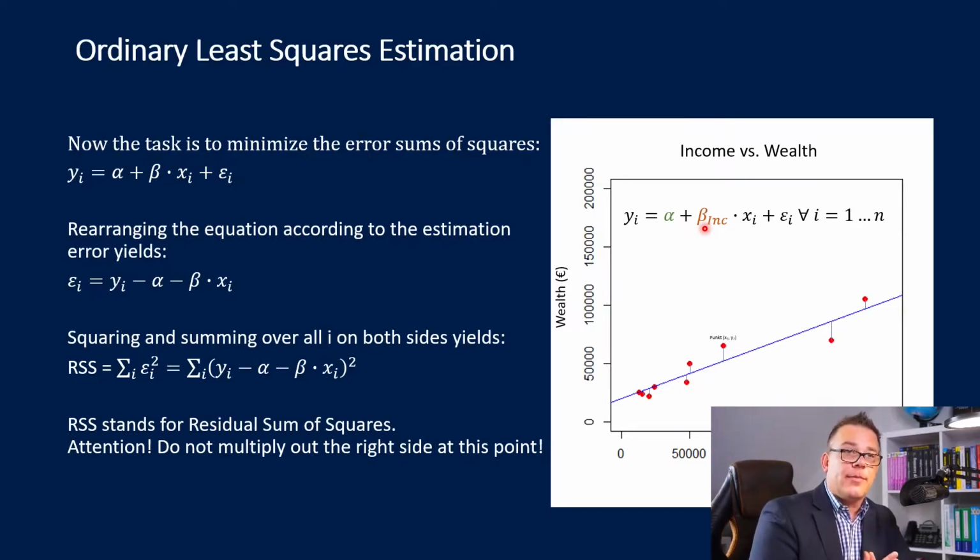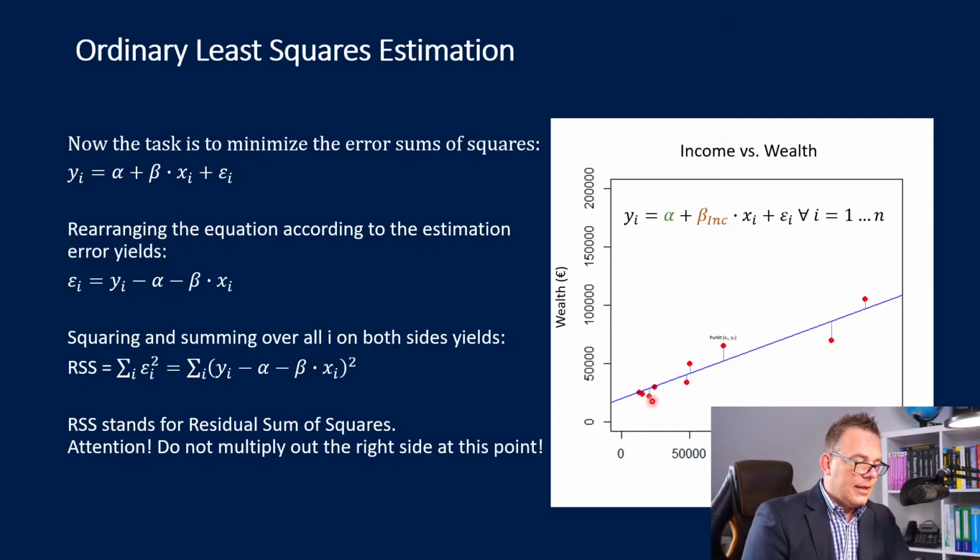The basic idea here is now to find the line that has, let's say, the least distances, the least residuals here, but some of these residuals are positive. All those where the points are above the line, we have positive residuals. And all those points that are below the line, the residuals are negative.